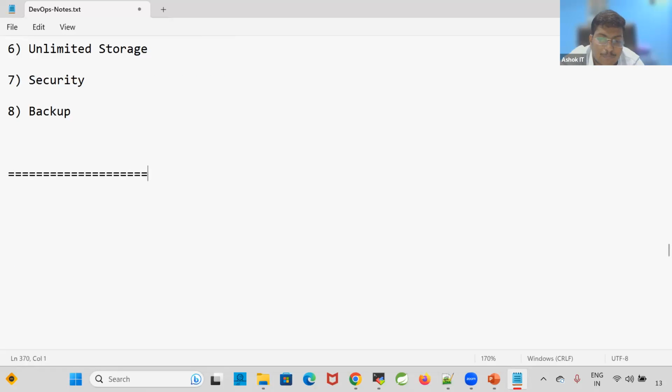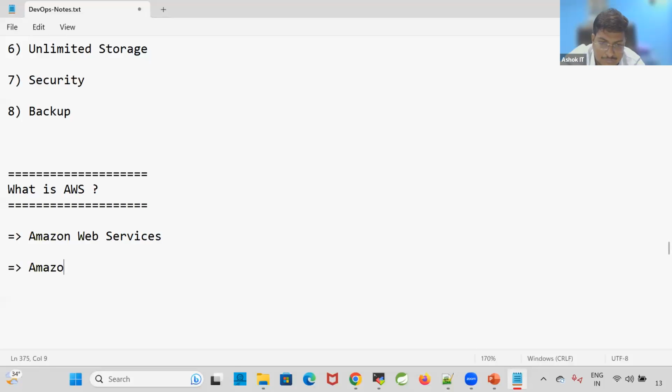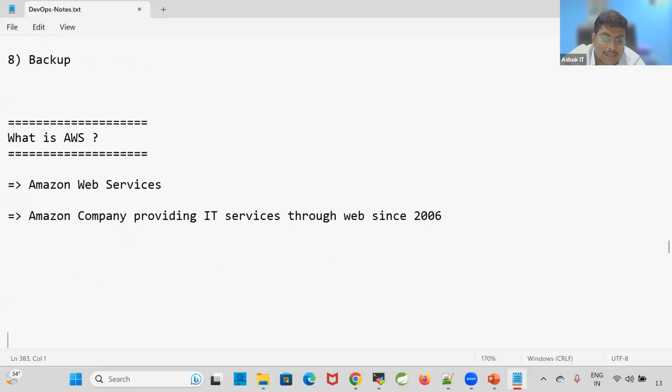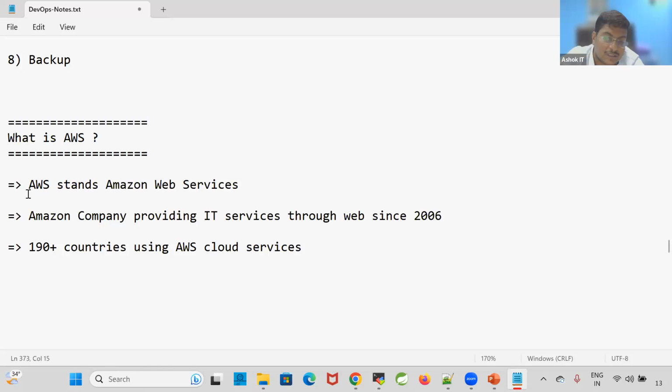Amazon company started cloud computing in 2006, providing IT services through the web. 190 plus countries are using AWS cloud services.